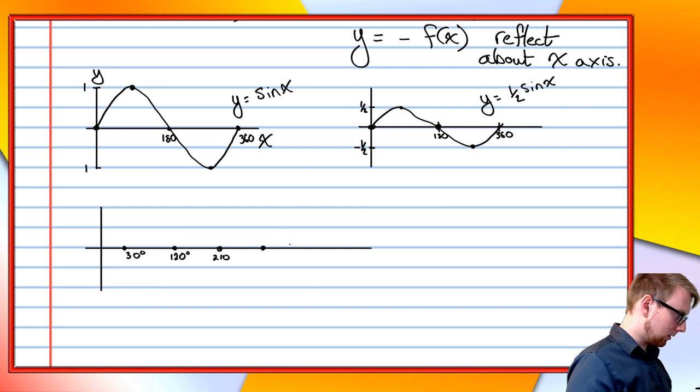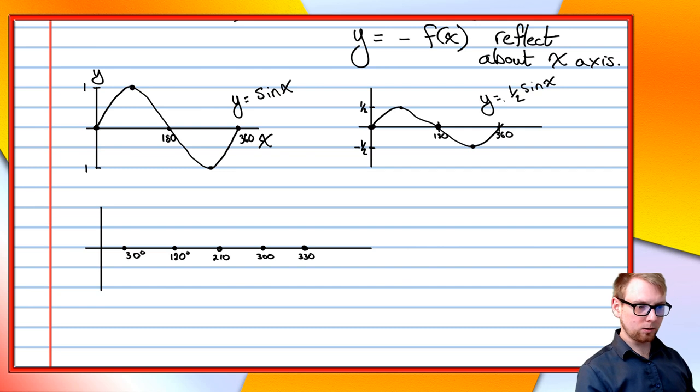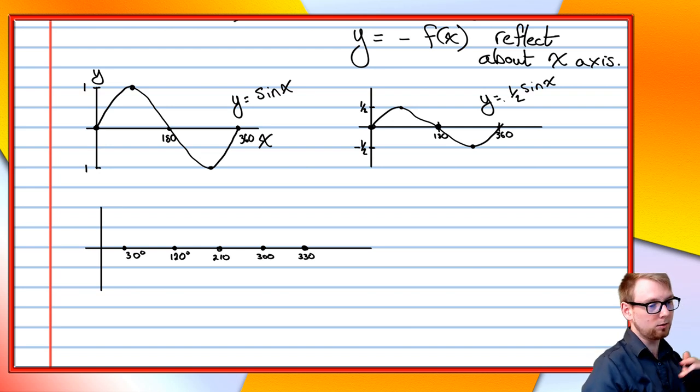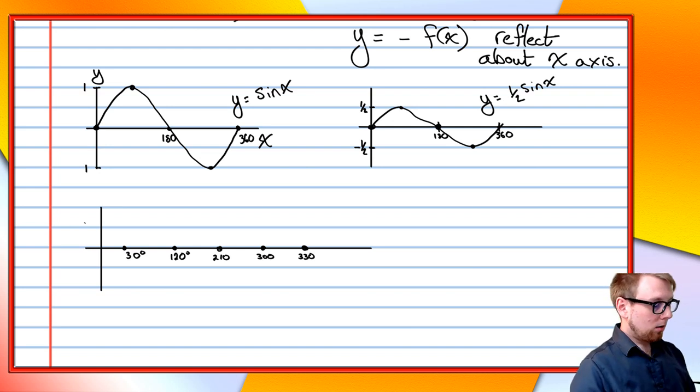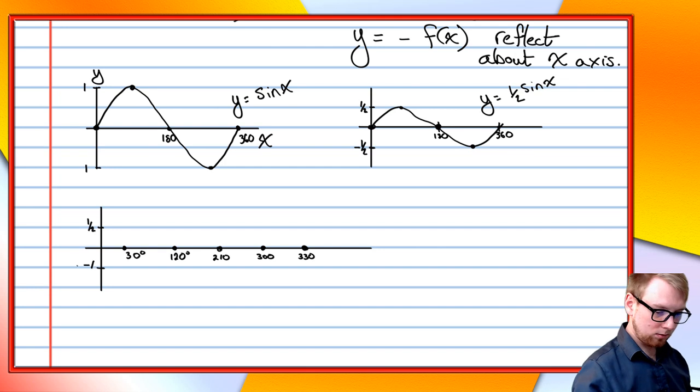And in between, that'll be 300. And this is 330. 360, we aren't going that far. We're only going up because our question says for x between 0 and 360 degrees. So here's our 1/2, our negative 1/2. Actually, I'll just write them up.